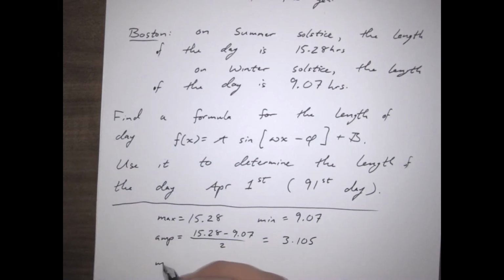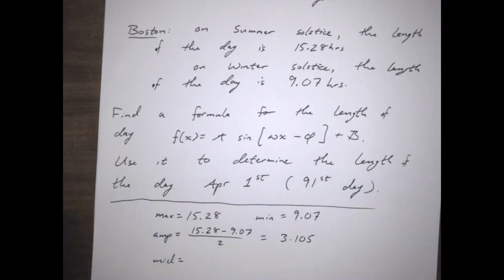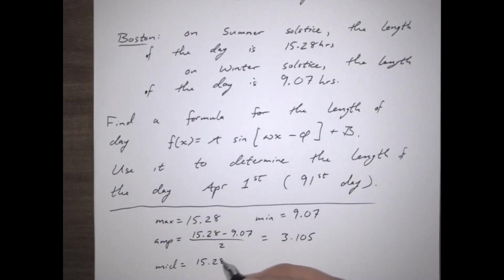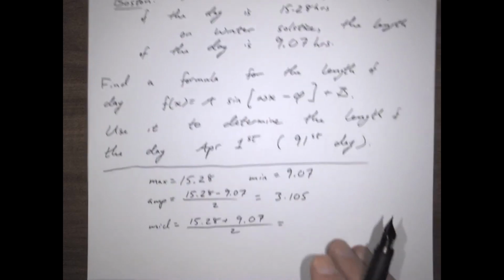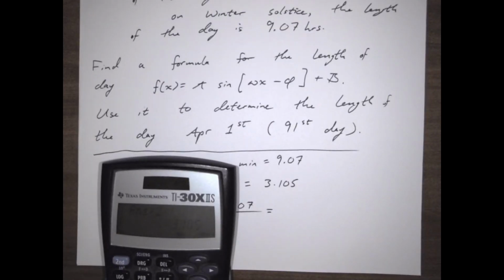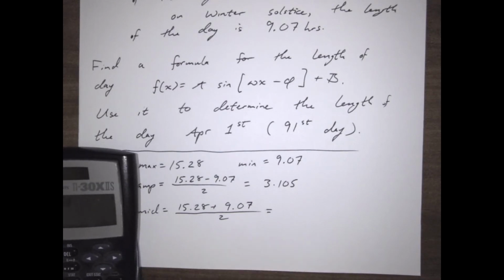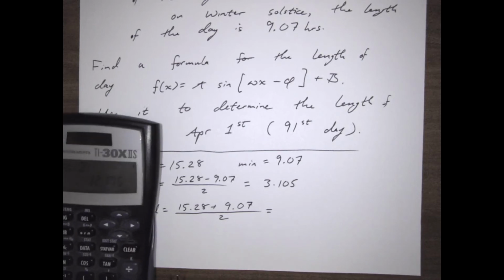The midline. So that's going to be 15.28 plus 9.07, all divided by 2, which is going to equal 12.175.